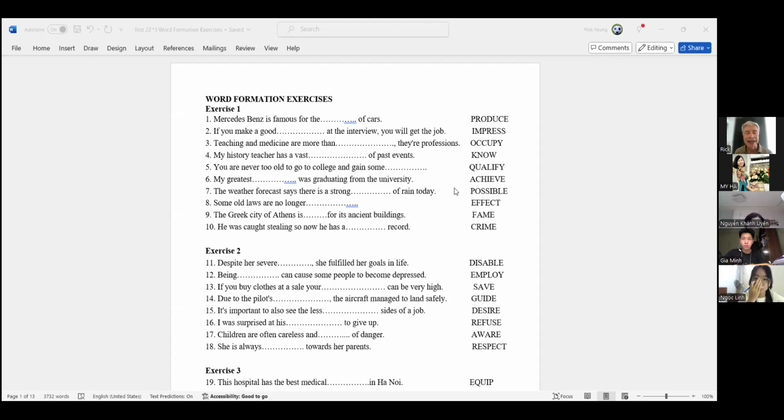Okay, we're looking at exercise 2. Those of you who were here last week will remember this. You have to choose the correct form of the word on this side to go in this sentence. The correct form. So you must change these words. There are only 8.